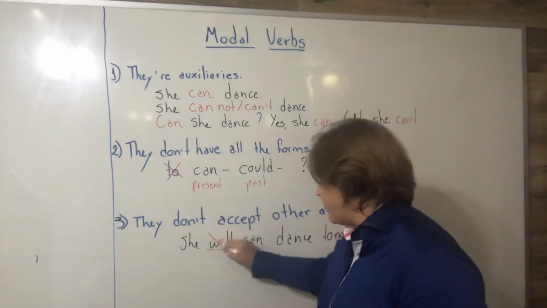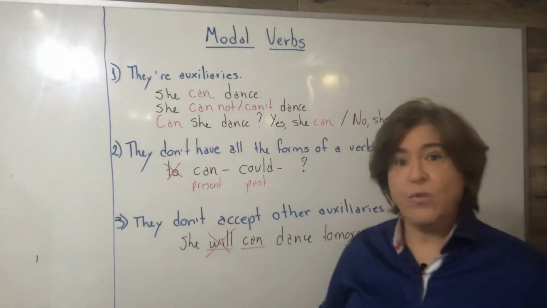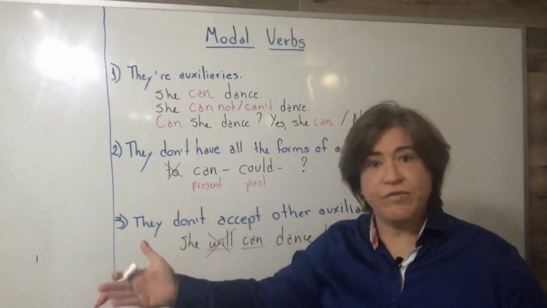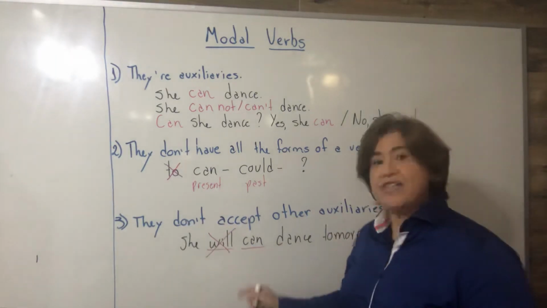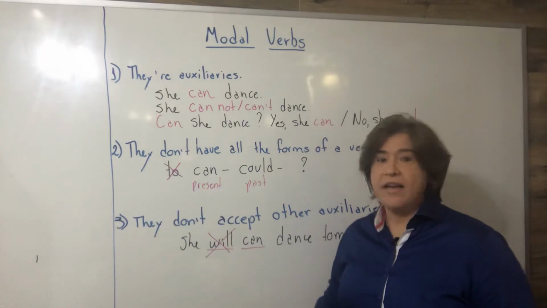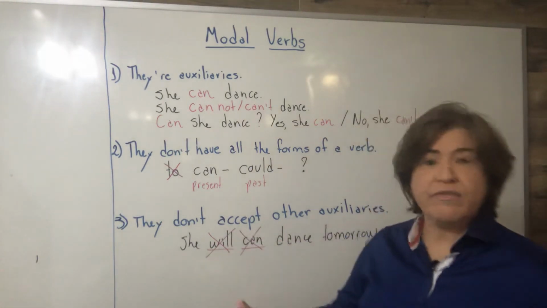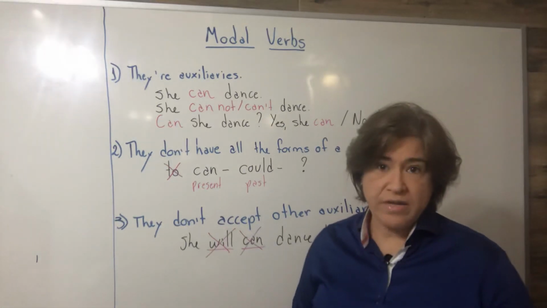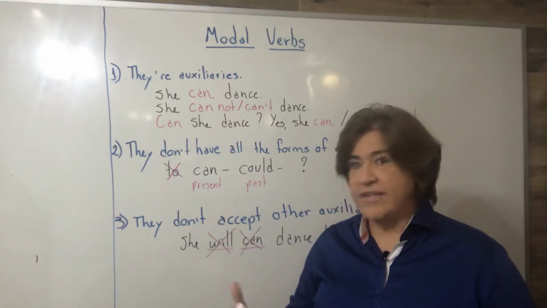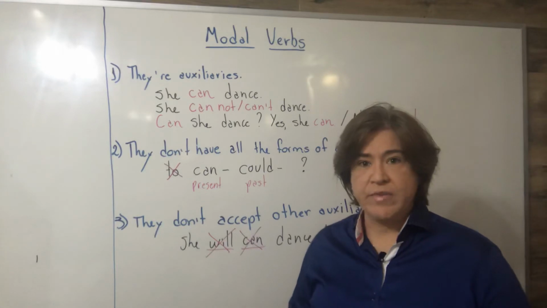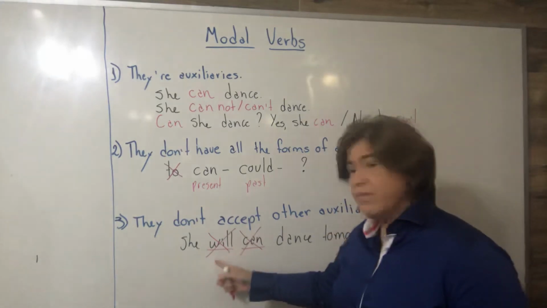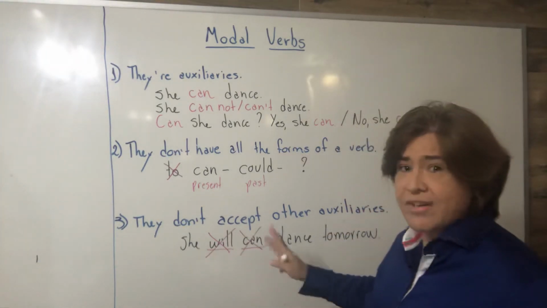So I will remove will, but I want to speak about the future. And can is only used in the present. I'm sorry, students, you cannot use can. You will have to use a simple verb that has the same idea of can. So, neither will nor can.